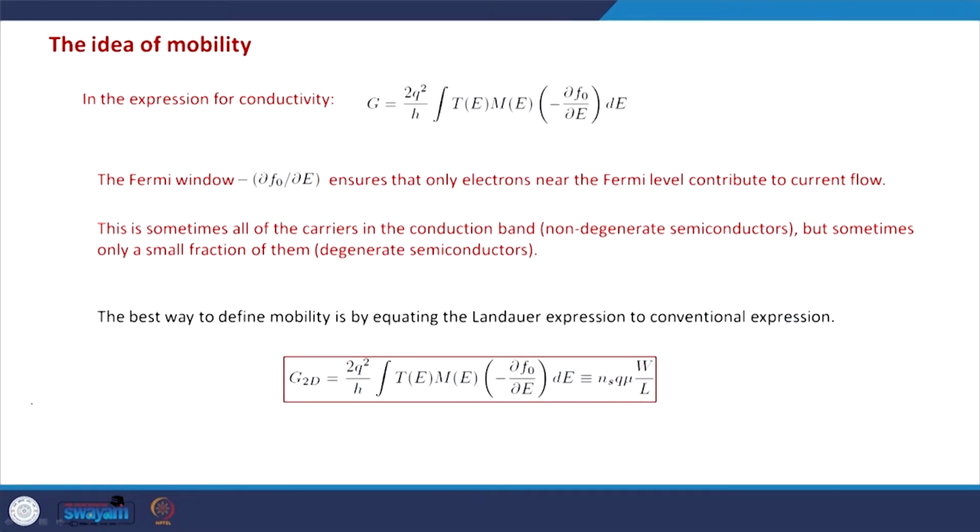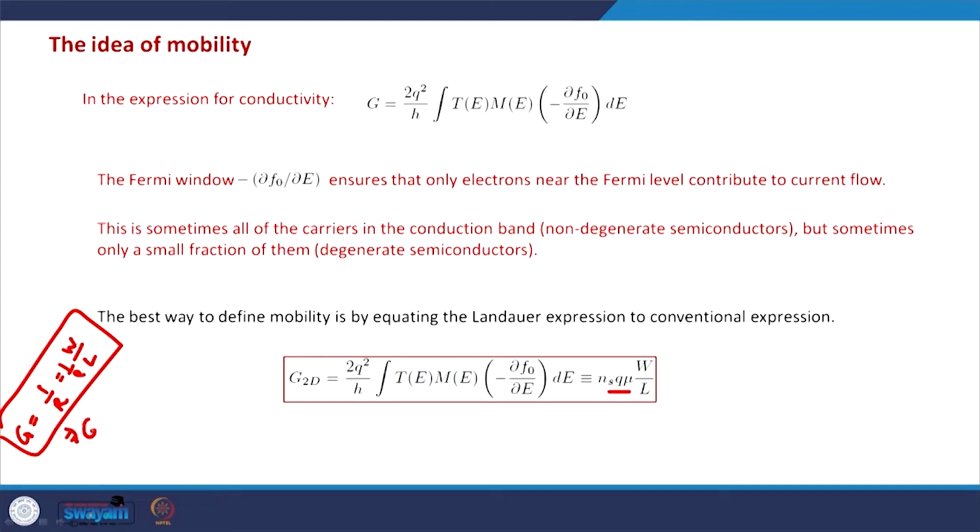The conventional understanding of resistance and conductance says that the conductance is the inverse of the resistance, which is, in the case of a 2D material, 1 by rho times W by L. So this is the conventional expression, and rho is 1 by ns q mu.